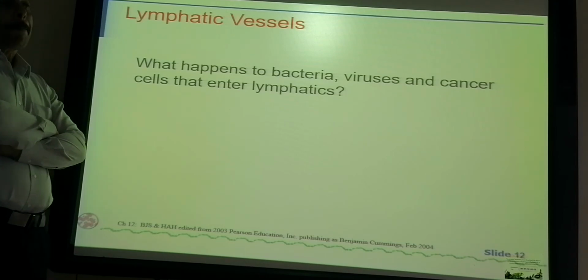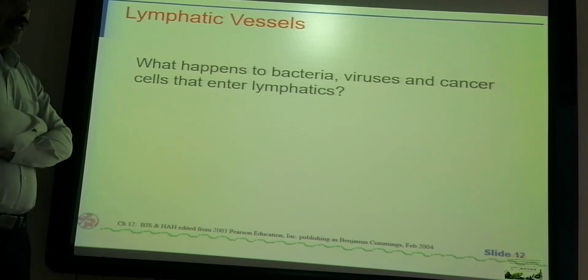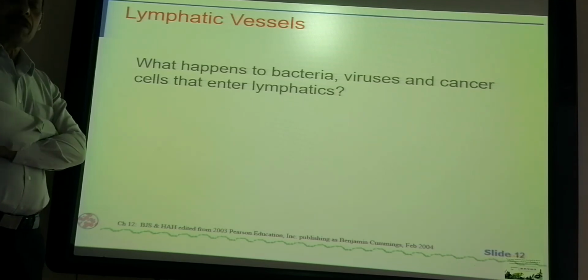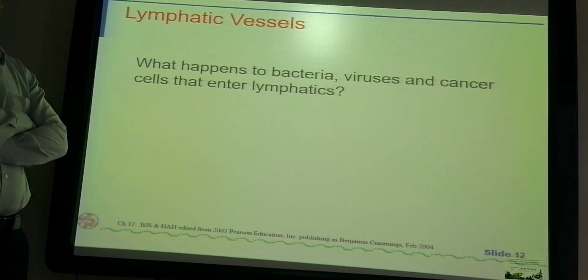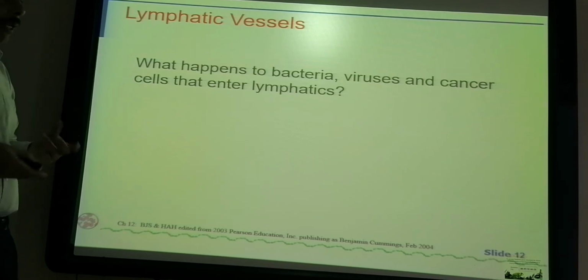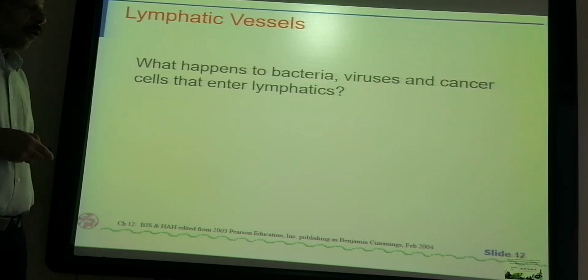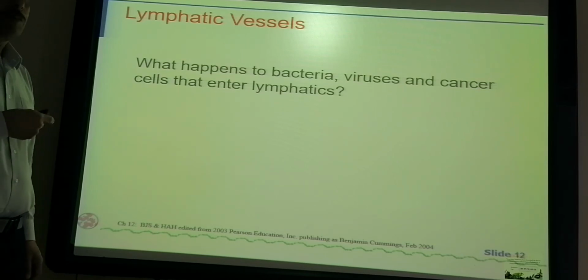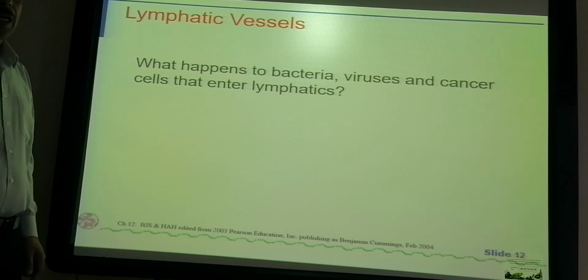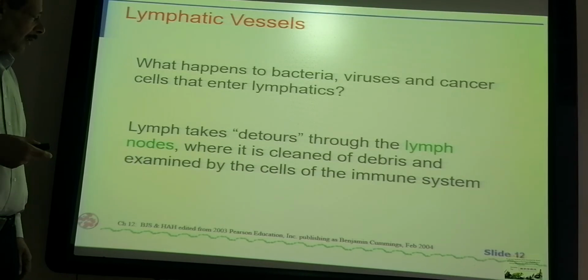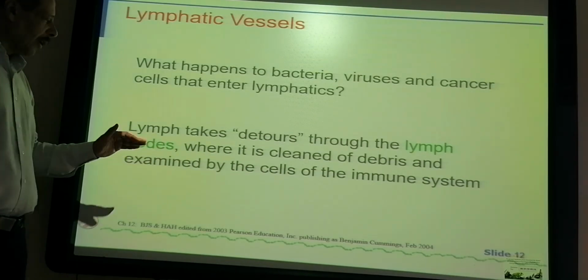Because of that, those large molecules will be processed before they go back to the circulation. In the lymph node, they will either be phagocytosed or attacked by the antibodies in the lymph node, to kill those organisms.